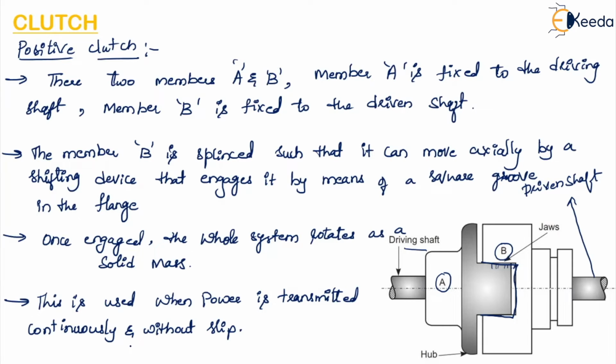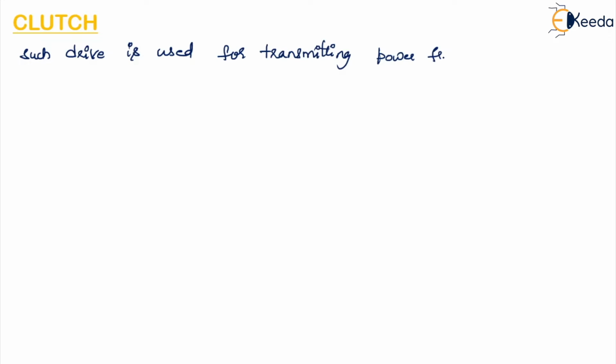So an example for this kind of clutch is such drives used for transmitting power from electric motors to ball mills, pumps, etc. So here the transmission of power is continuous without any slip.